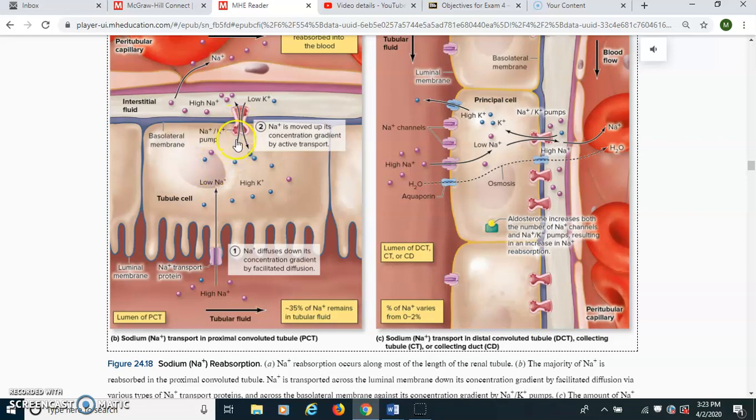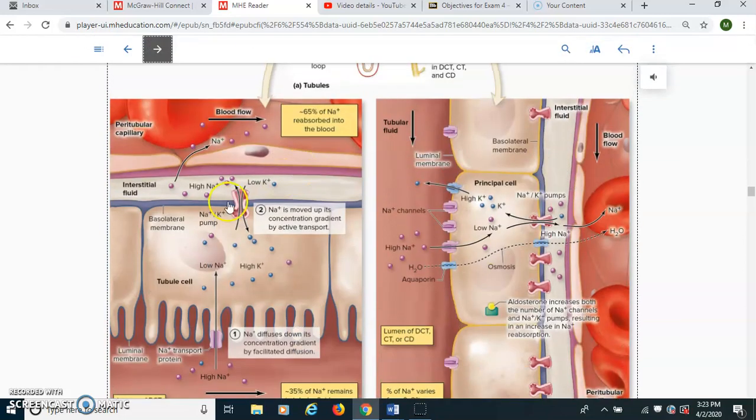And then the sodium potassium pump is what's going to pump it into the interstitium. Remember, there's always 3 sodium pumped out for every 2 potassium pumped in. Once it gets in the interstitial fluid, it'll find a couple of cells where it can squeeze through and get back into our bloodstream, into the peritubular capillary.